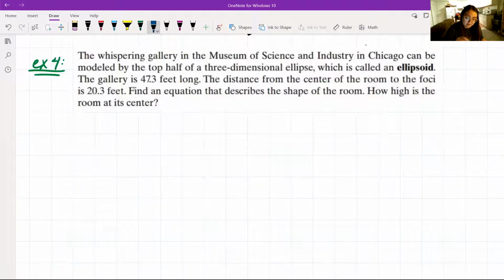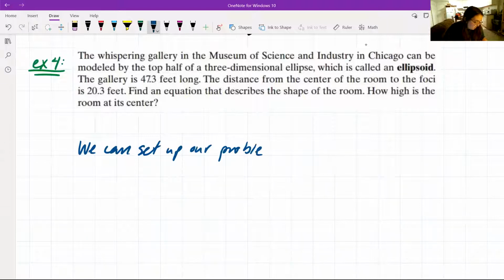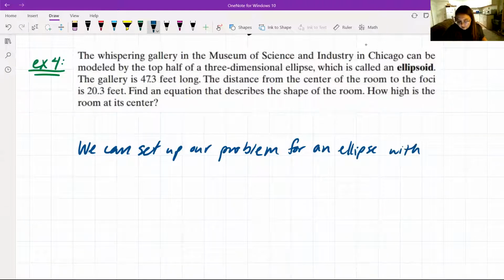So we can set up our problem. For an ellipse with center at 0, 0. We can have our center be at 0, 0 since we have no real defined center in this case. So we're just going to say it's at 0, 0.